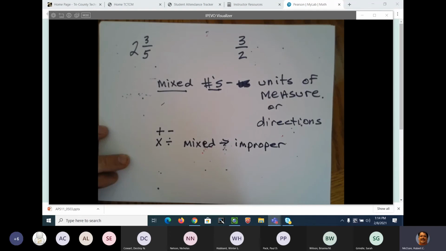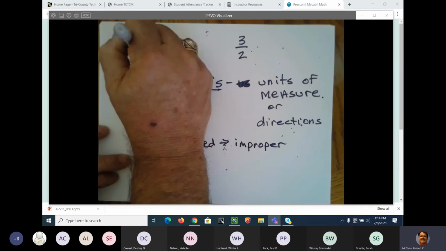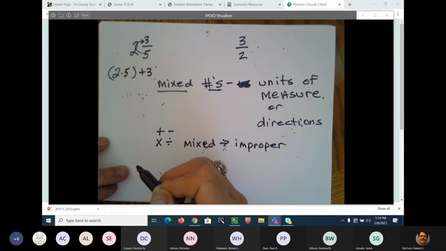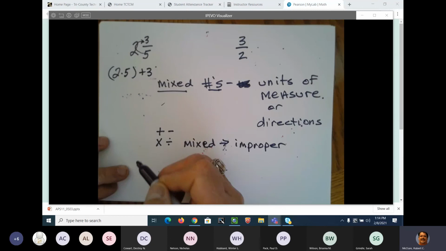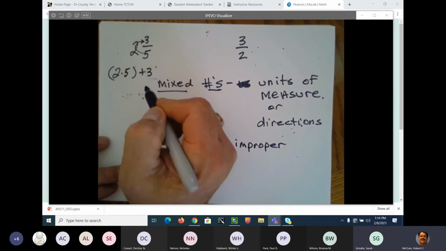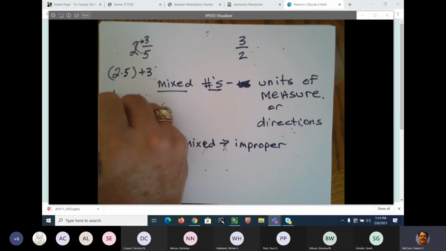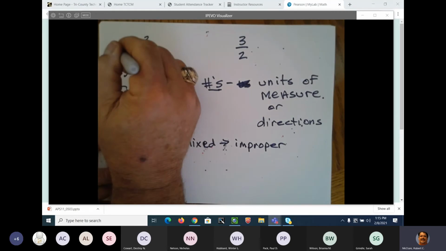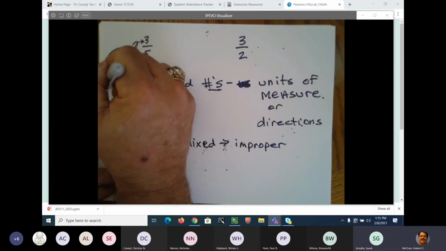2 3/5, just remember the big C. 2 times 5 plus 3. 2 times 5 is 10. 10 plus 3 is 13, and you put it over 5. And that's how you go from a mixed number to an improper fraction.